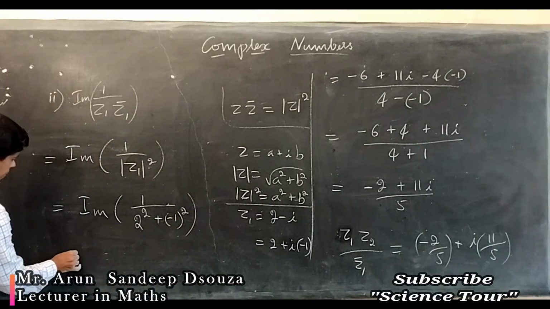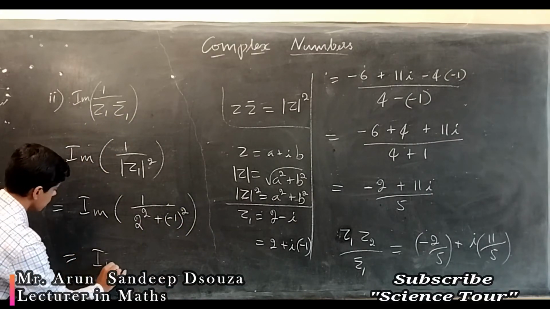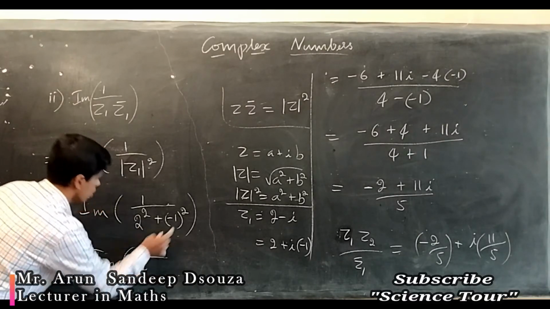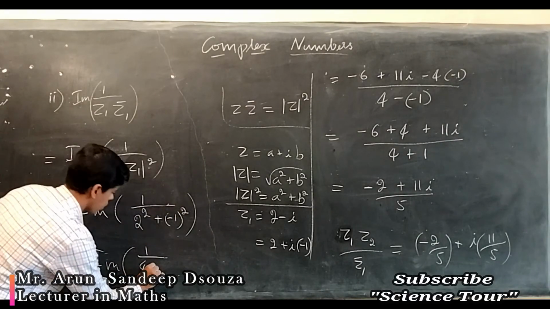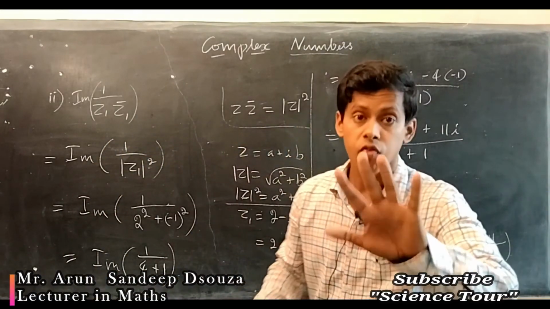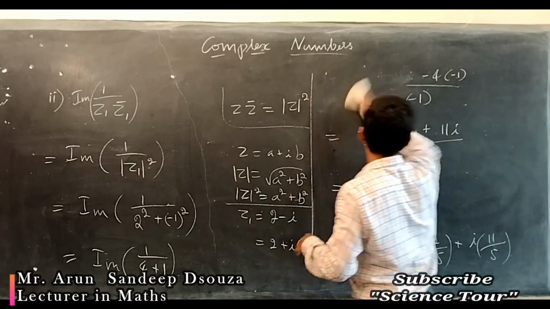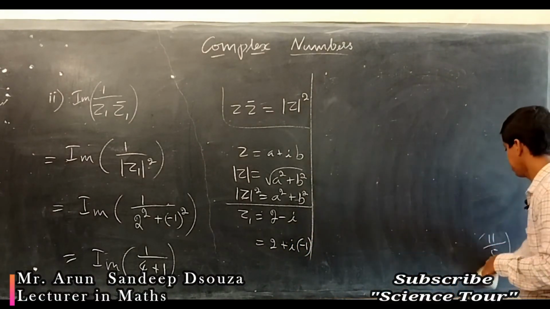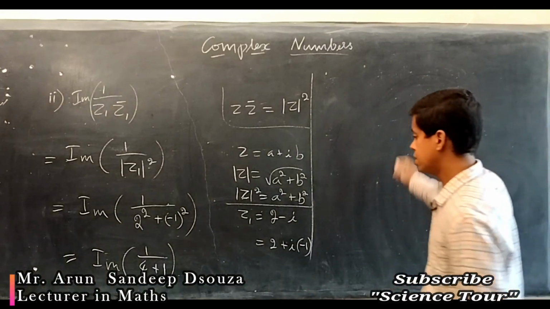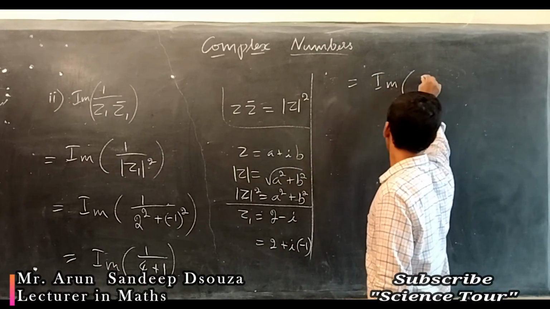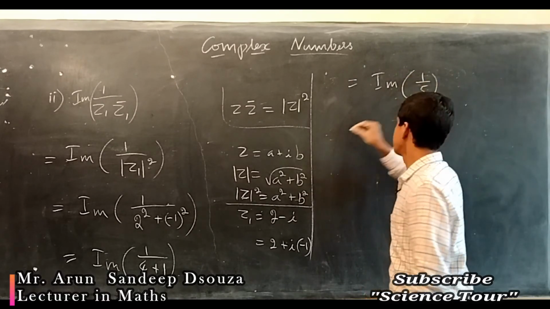Well, this is equal to the imaginary part of 1 by 2 square is 4, minus 1 square is 1. So that is 4 plus 1, which is 5. Let me write this here. Okay, so this is equal to the imaginary part of 1 by 5.